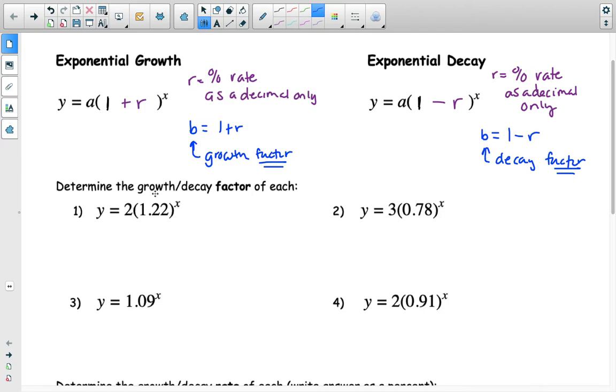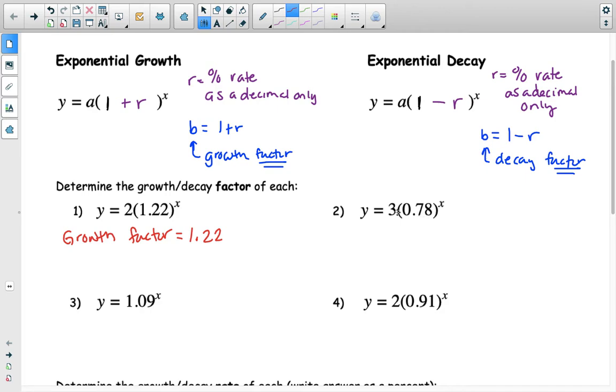So we need to determine, is it growth or decay? This number on the first one, inside the parentheses, your B value, is bigger than 1. This is a growth. And the factor is the number inside of here. So it's a growth factor of 1 and 22/100. That is your growth factor.